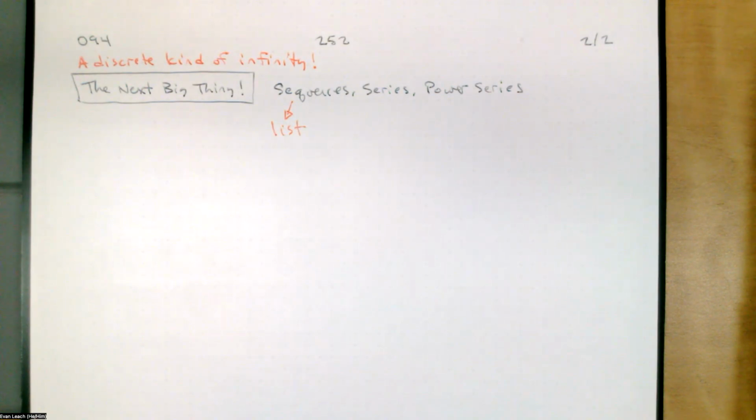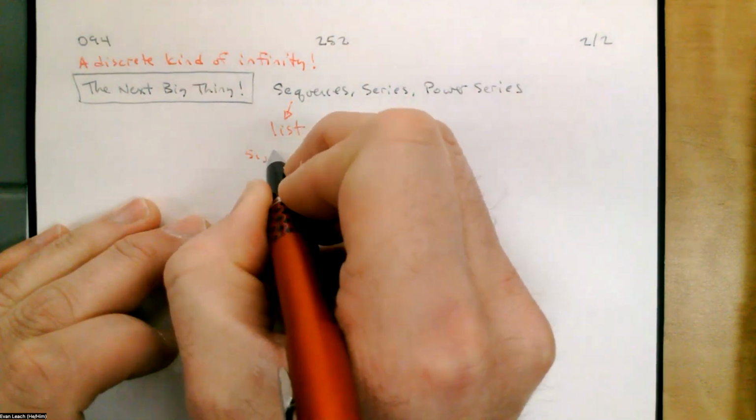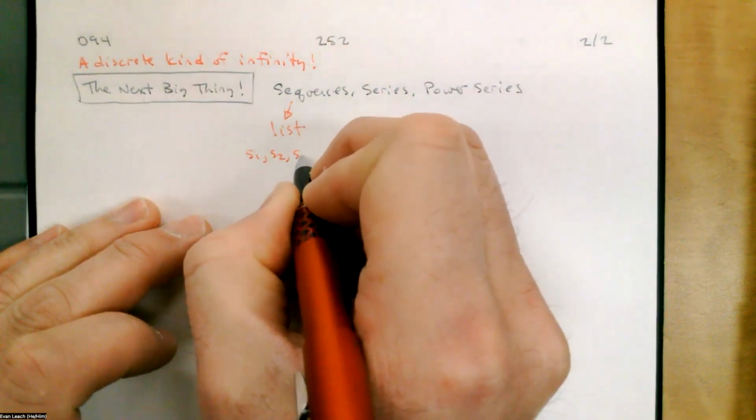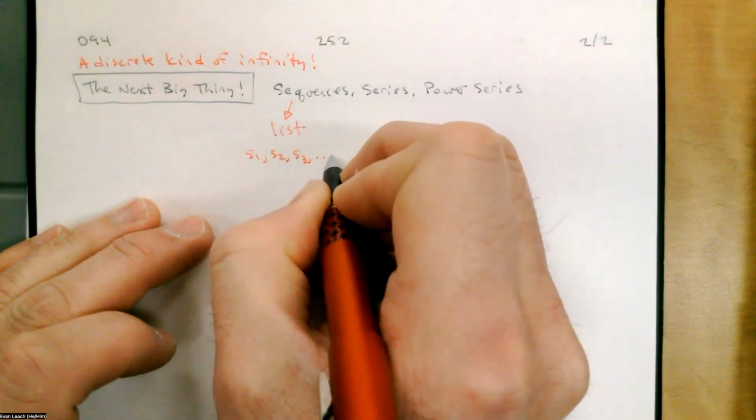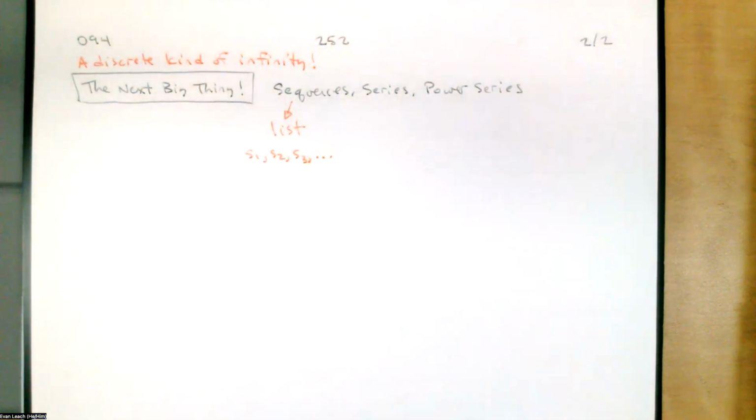So I'm just making a list of things: S1, S2, S3, and so on. Here's where infinity has shown up. This is going to be an infinitely long list of numbers, which could be anything. A sequence is a list.